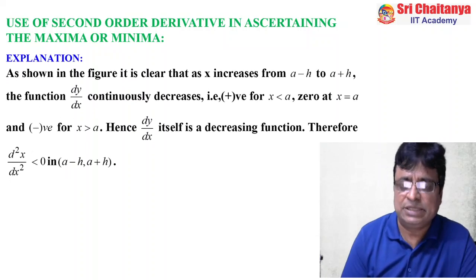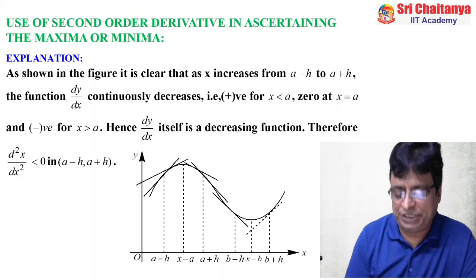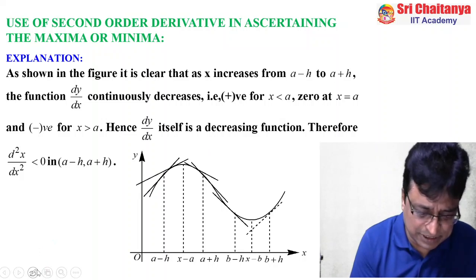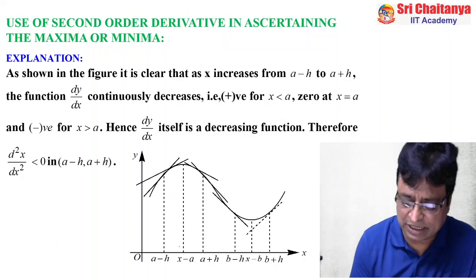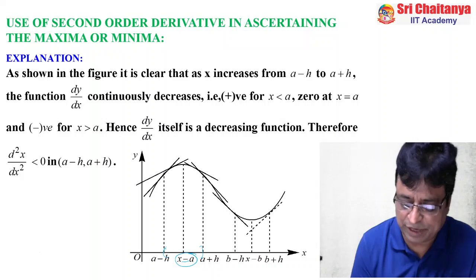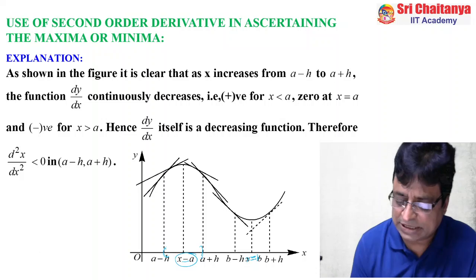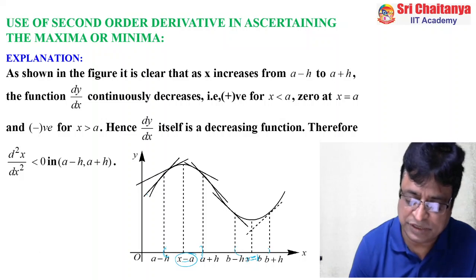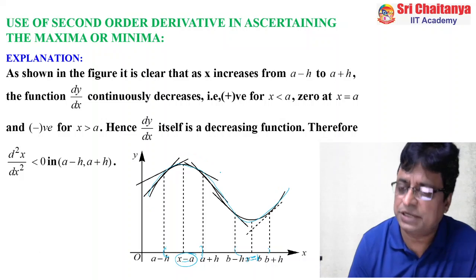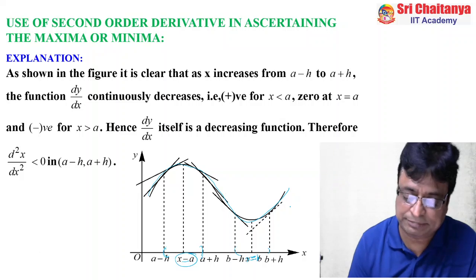See my friends, suppose this is the situation. Suppose this is my curve. This is A, and this is the neighborhood of A. And this is B, x equals B, and this is the neighborhood of B. The curve is situated like this, and it is a continuous curve, and moreover a differentiable curve.